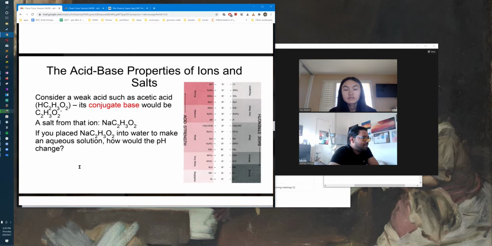How would the pH change? The conjugate base should raise the pH slightly because it's going to take protons away from H2O. So the pH should go up, but not by much.